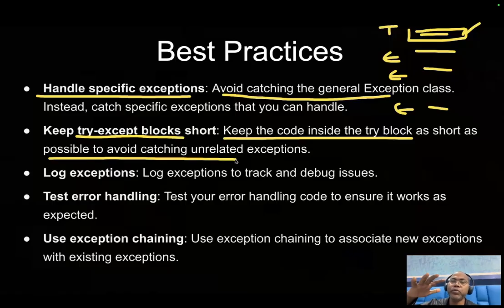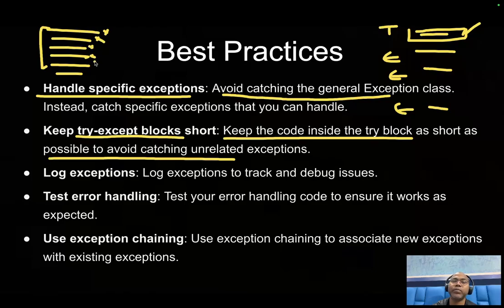Don't write a lot of code in your try block, because bigger code generates a high number of different types of exceptions, and then you have to handle different exceptions. The basic logic is the same: your function should be small, similarly your try block should be small.